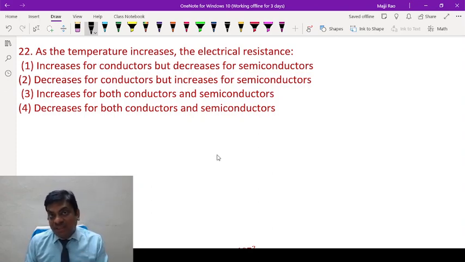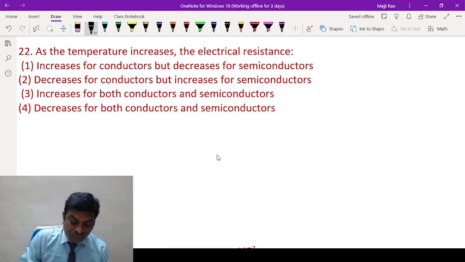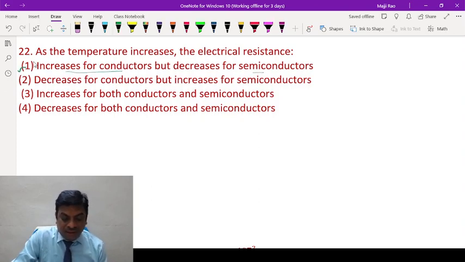Whereas for semiconductors and insulators, it is just the opposite. That is, the thermal coefficient of resistivity is negative. In other words, the resistance decreases with an increase in temperature. So the correct option is increases for conductors but decreases for semiconductors. The first option will be the correct option.